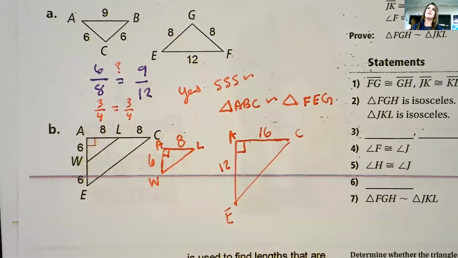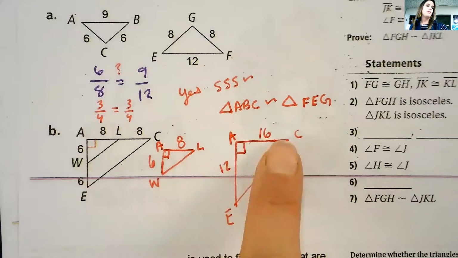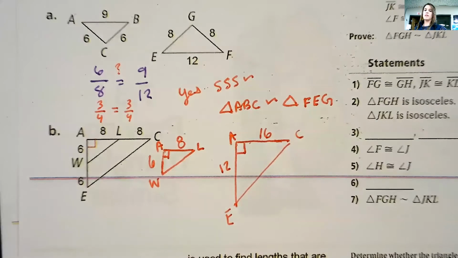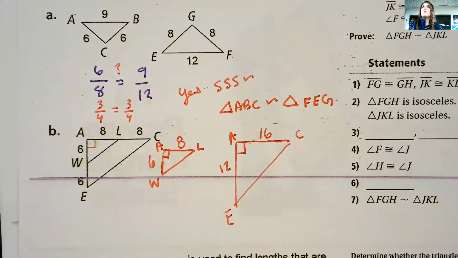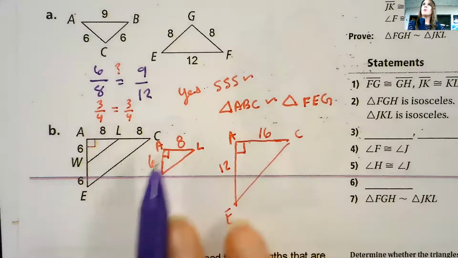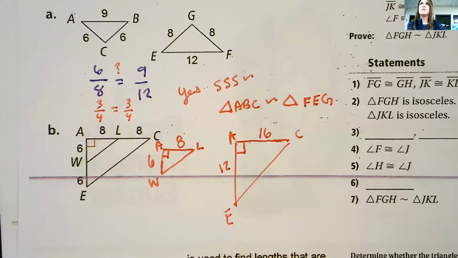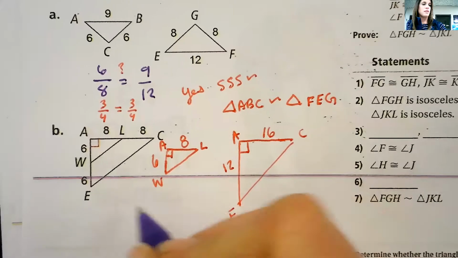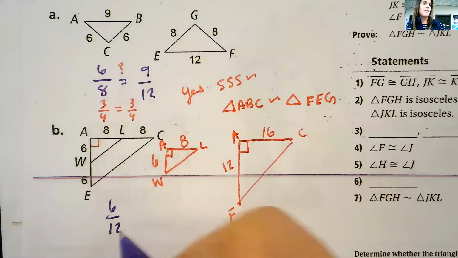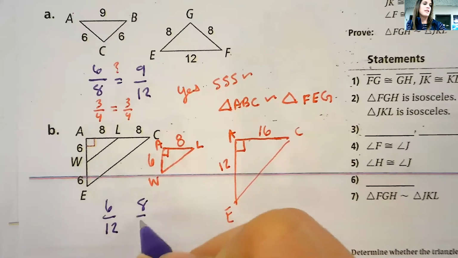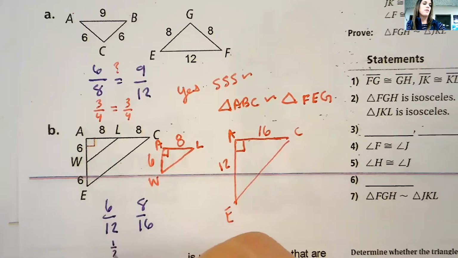Okay, so we want to see if these triangles are similar. We have the angle in the middle, but just one angle, so I can't use angle similarity. I've got to check and see if those sides are proportionate to see if I can use side angle side. So 6 matches up with 12. 8 matches up with 16. Both of those are a half.